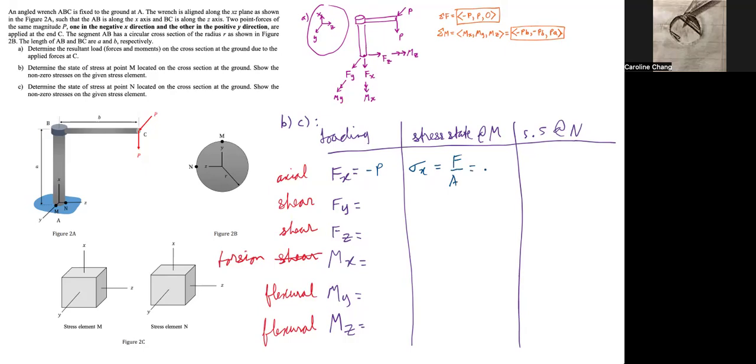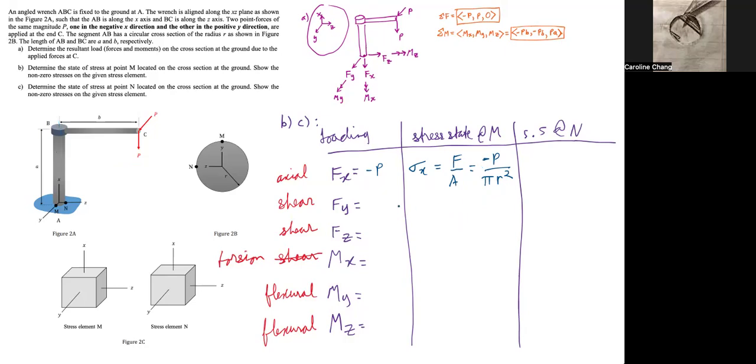Here our force is negative P, so it'll be negative P over the cross-sectional area of this beam, which for radius r is pi r squared. And this checks out, as when you press down on the beam, it'll be in compression, and thus the negative sign checks out.